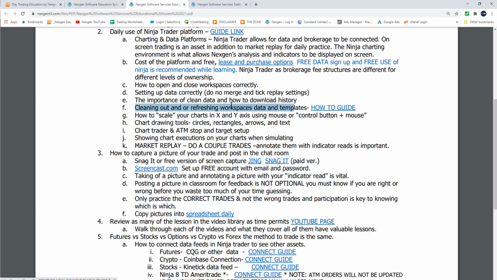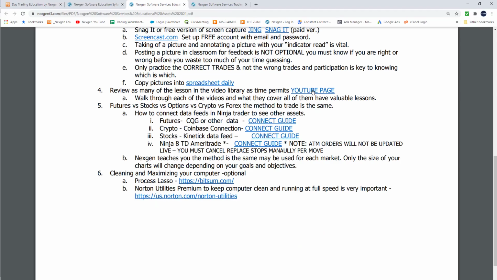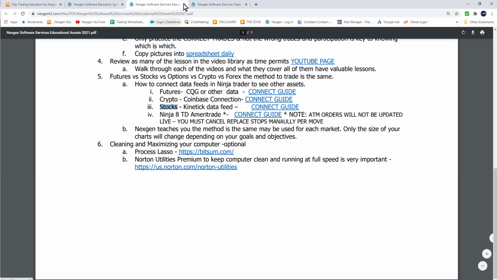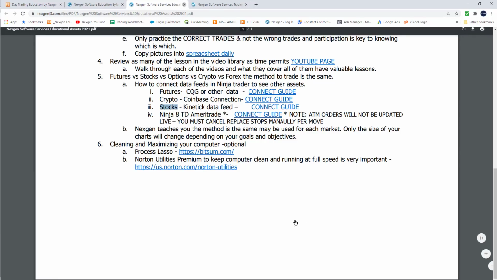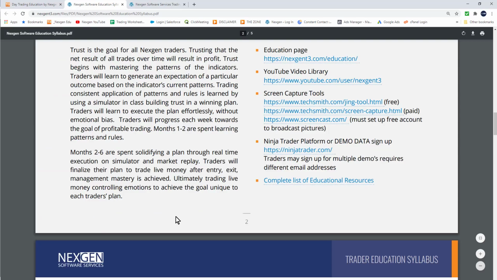If you want to know how to capture pictures and what programs to use, there's a link to our YouTube page. Some of you want to connect cryptocurrencies or stocks to NinjaTrader, so I put together a few connection guides. And ultimately, for maximizing and cleaning your computer, I put some links on there as well. So that's a lot of information just on this one link inside of the syllabus.